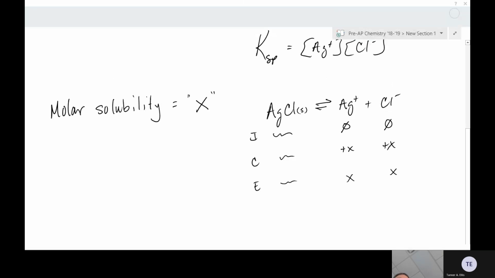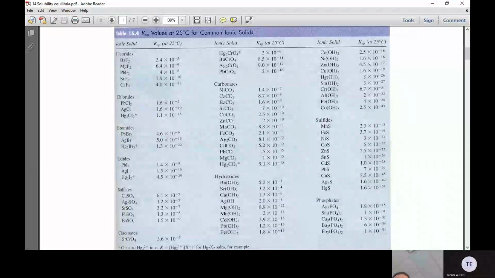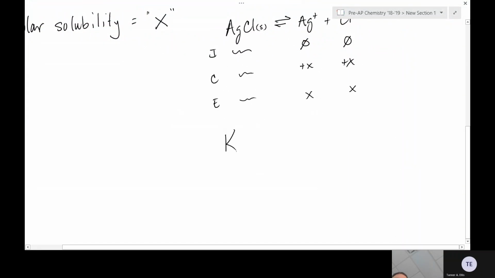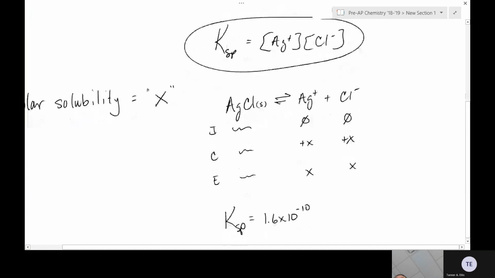The Ksp for silver chloride, I don't remember, but hold on. 1.6 times 10 to the negative 10. So if the Ksp is equal to 1.6 times 10 to the negative 10, we wrote the expression right here, so I can plug those in.